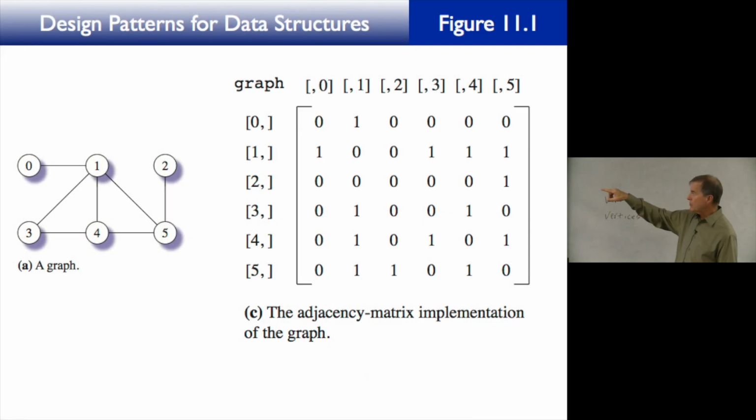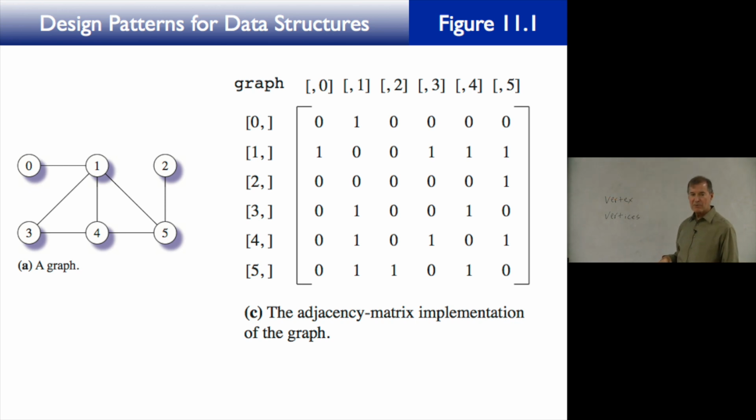All right, but anyway, do you see then that when we looked at the edge between 1 and 3, if you go to row 1, column 3, there's a 1. Are you with me? But by the same token, if you go to row 3, column 1, there's a 1.